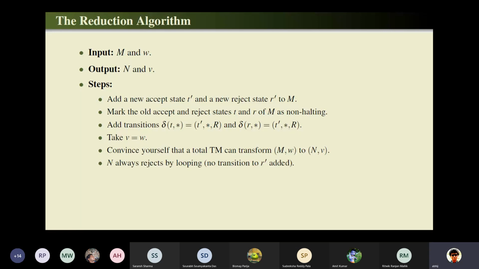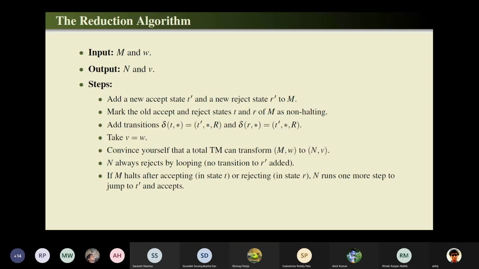So there is no way N can enter r prime, and therefore all kind of rejection is by looping. So M halts after accepting or rejecting, and if that happens by entering state t or r, then N just runs for one more step to enter the new accept state t prime, and it accepts.